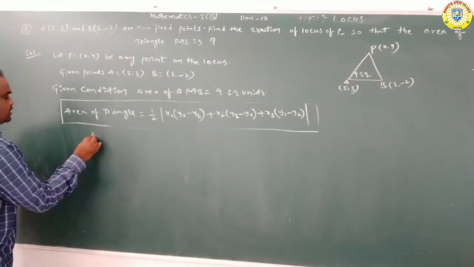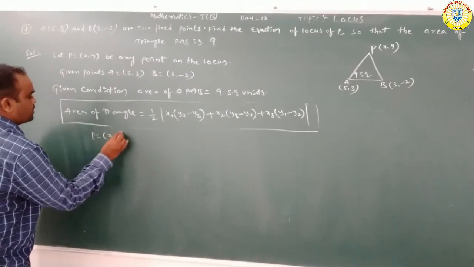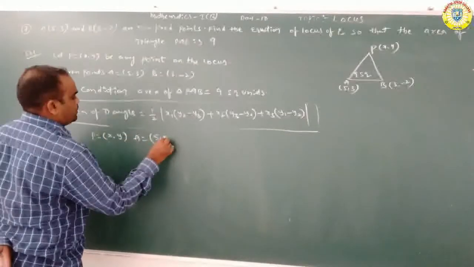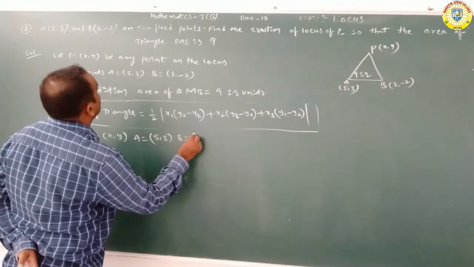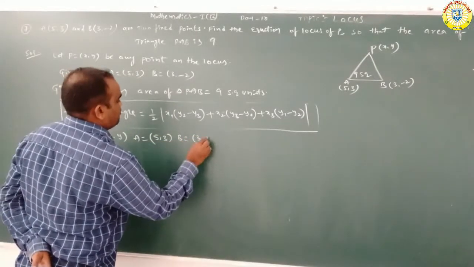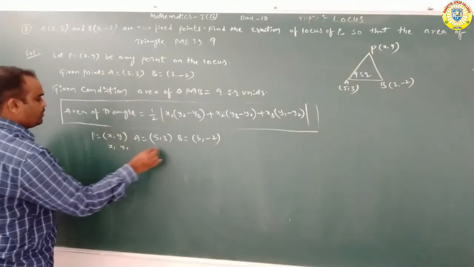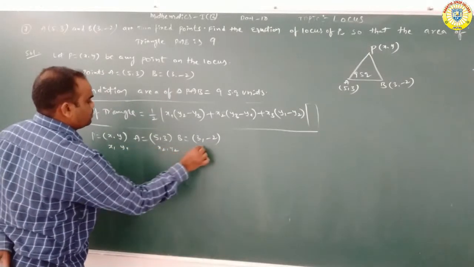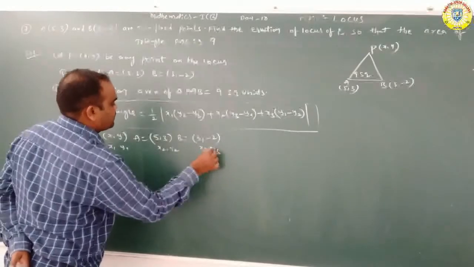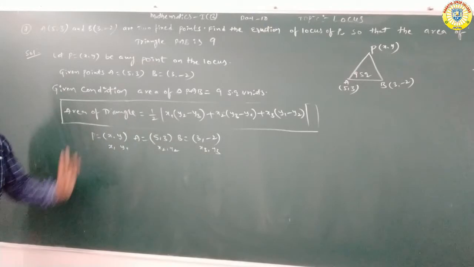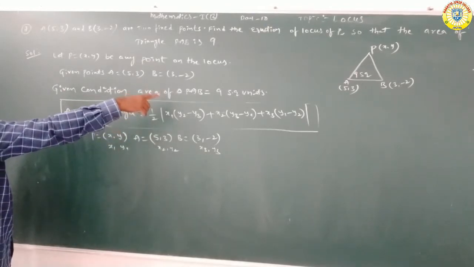Here P is equal to (x, y), A is equal to (5, 3), B is equal to (3, -2). This is x1 y1, x2 y2, x3 y3. Now we are substituting all these values, and the area of this triangle is given as 9.